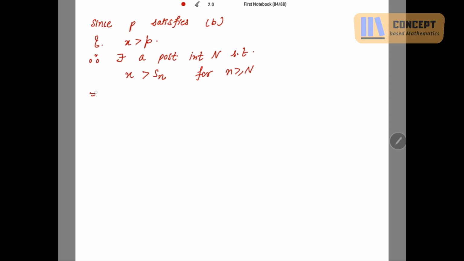Now see, Sn is less than X and X is less than Q, because Q is also satisfying A and B, right? X is less than Q is taken from here.